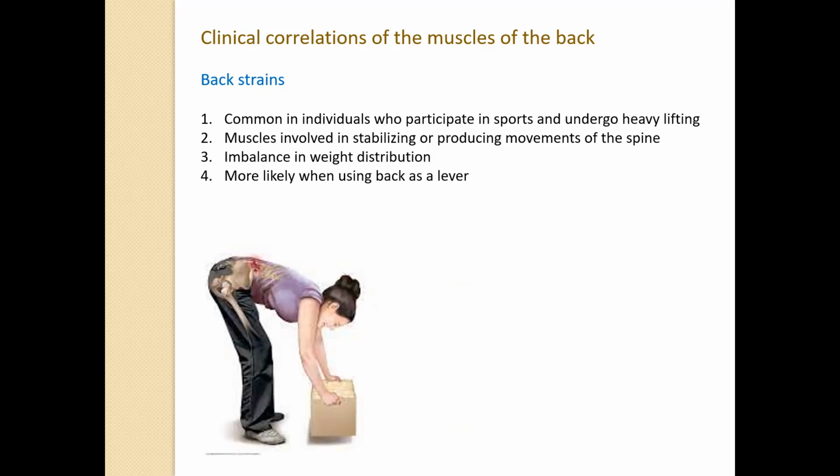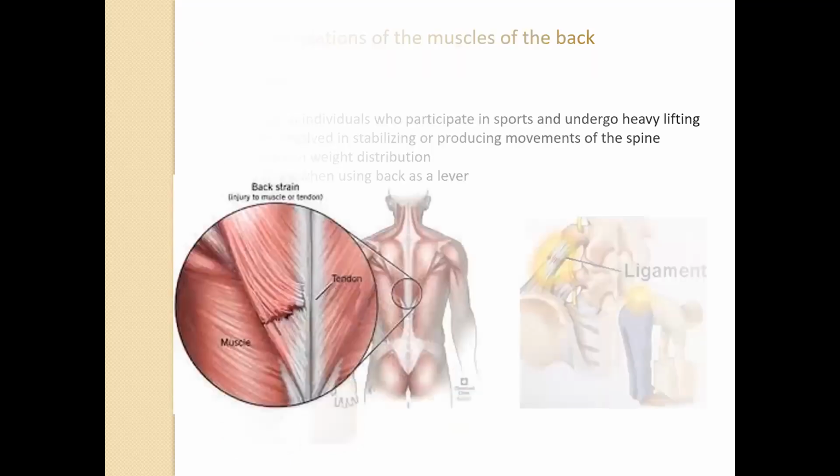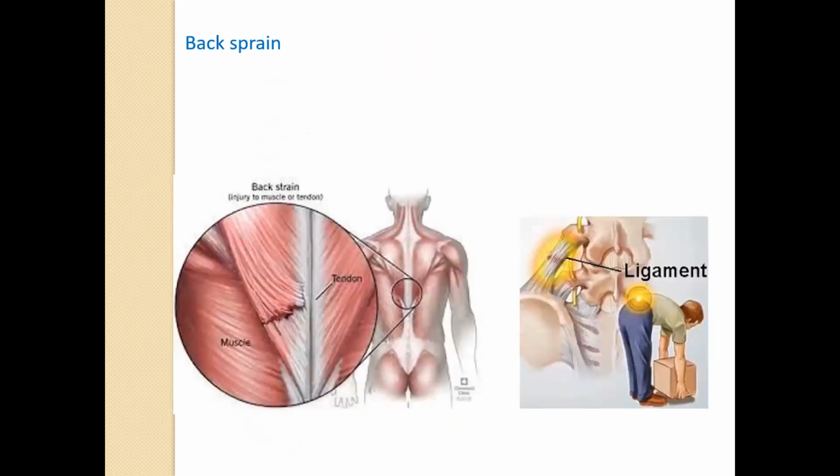So don't lift weights as shown in this picture. Don't use your back muscles to lift the weight. Bend your knees and use your knee and gluteal muscles to lift the weight. Then you can avoid getting back strains.